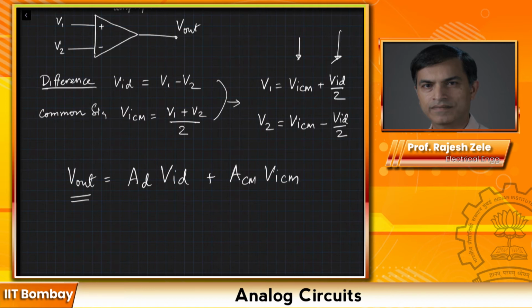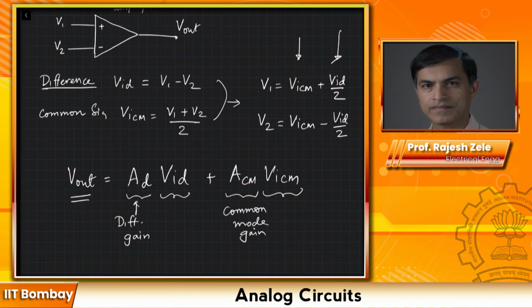So the output voltage is a function of differential voltage as well as common mode voltage. And the gain for differential voltage is given by AD, and gain for common mode voltage is given by ACM. So this is our differential gain and this is common mode gain.